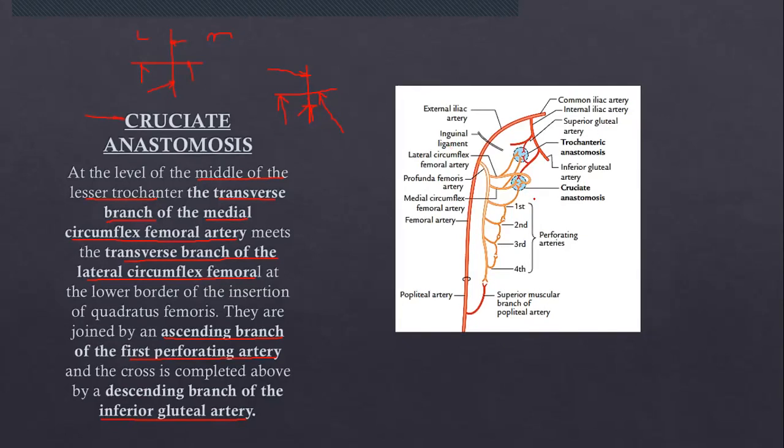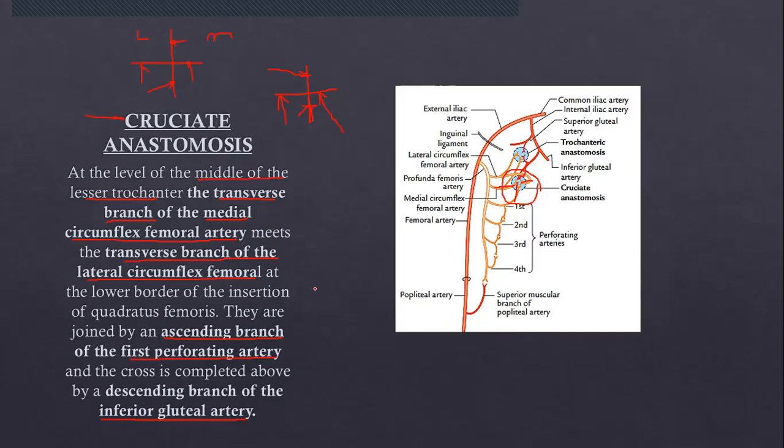So here it is, and it lies at the middle of the lesser trochanter. So remember, inferior gluteal is a branch of the anterior division of the internal iliac artery. So by this, we are connecting the internal iliac artery to the common femoral artery.